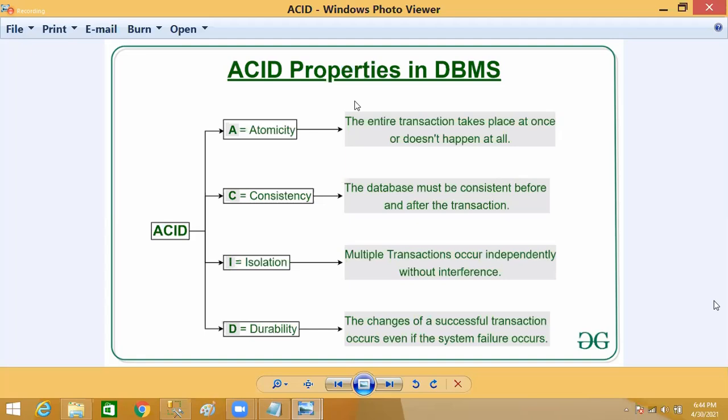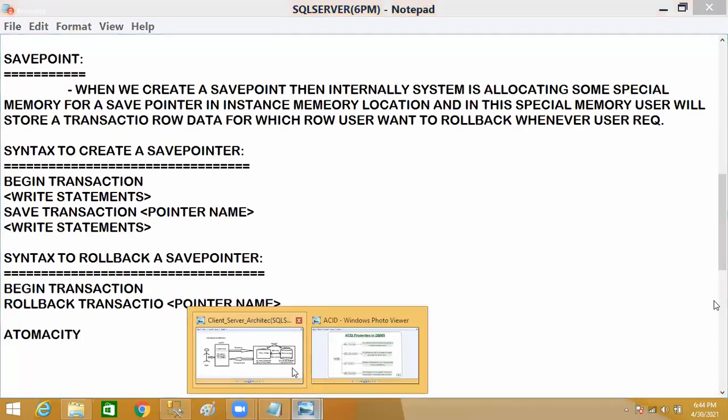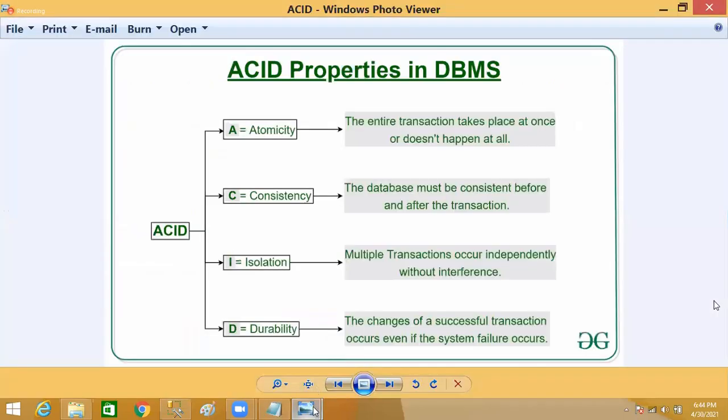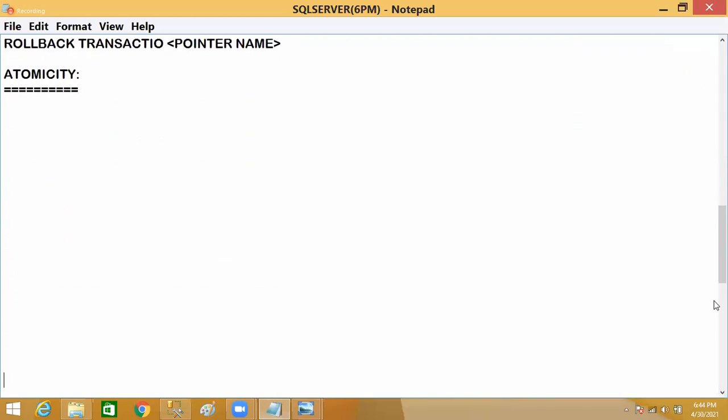For example, let me explain atomicity with an example.